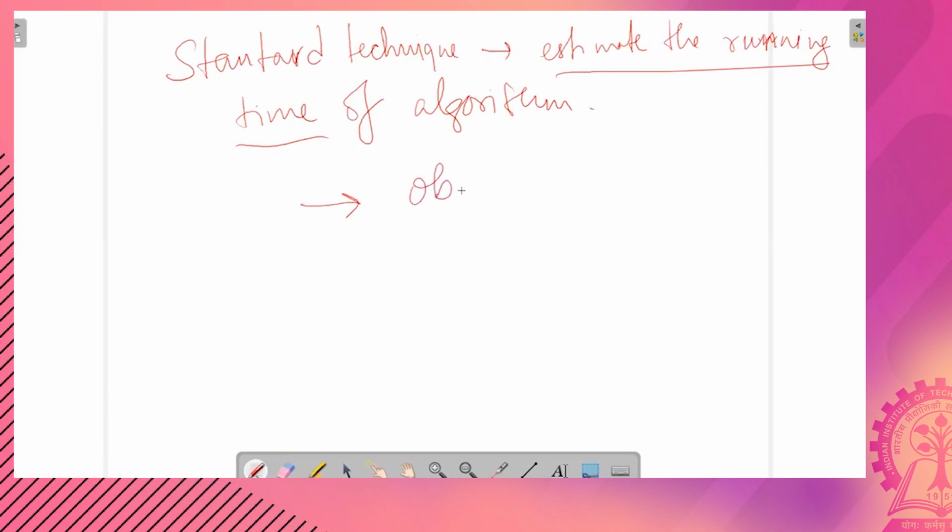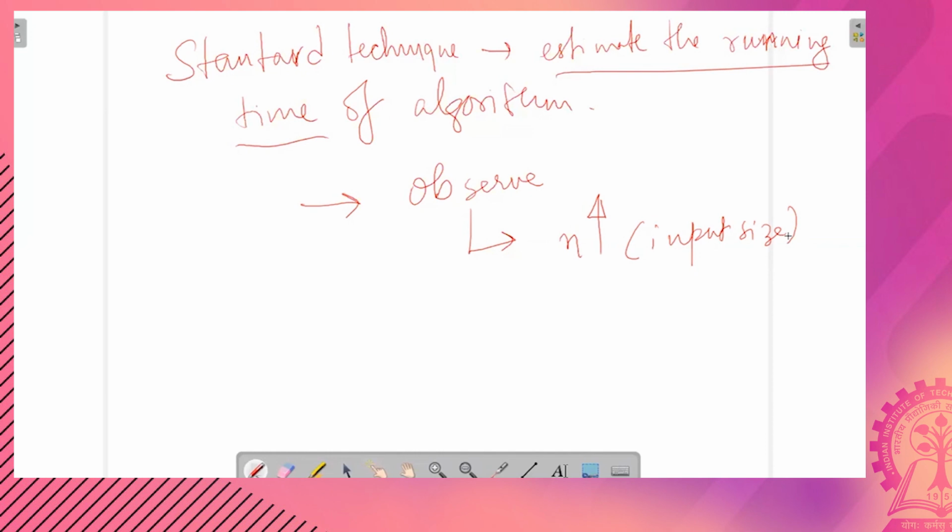The best way to estimate the running time is to observe that, no matter what CPU you use, whatever programming language you are coding, if your input size increases, if n increases, n is what we call the input size, then there is some sort of an increase in the running time of the algorithm.